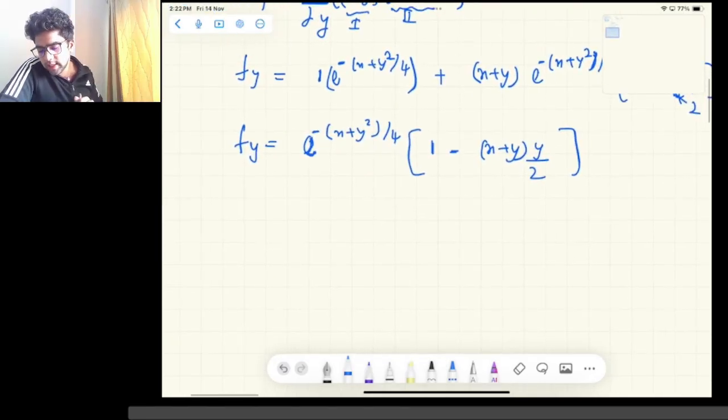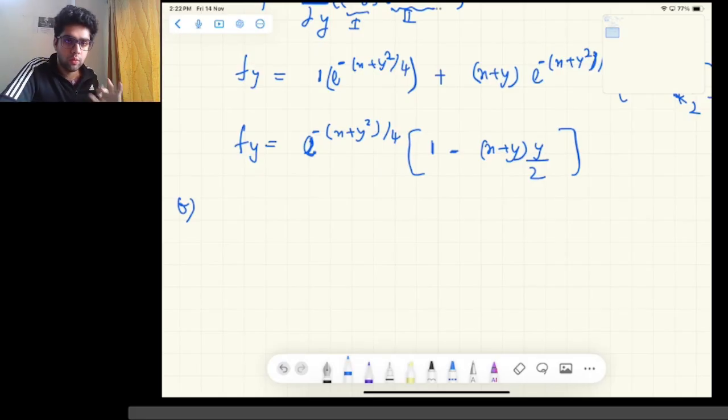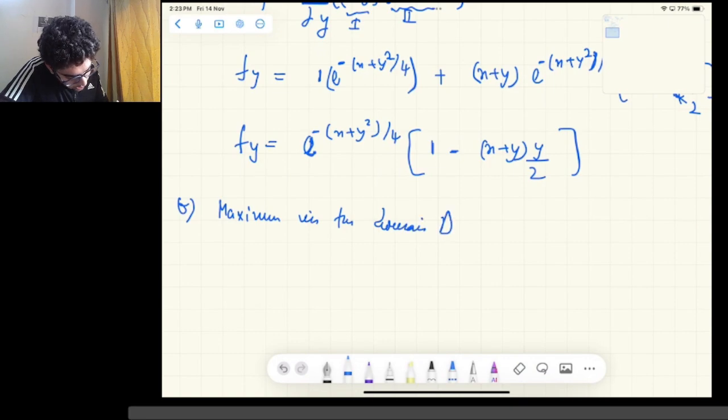Now part B says that take it for granted that f attains a maximum in the domain D, right? Find the maximum point and the maximum value. So he's saying that take it for granted that f attains a maximum in the domain D. Now we need to find the maximum point and the maximum value.